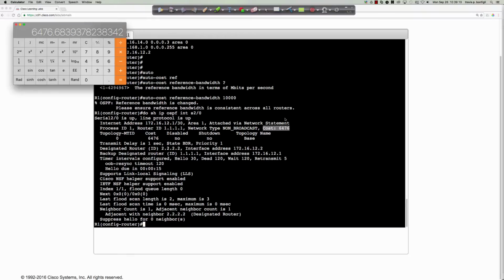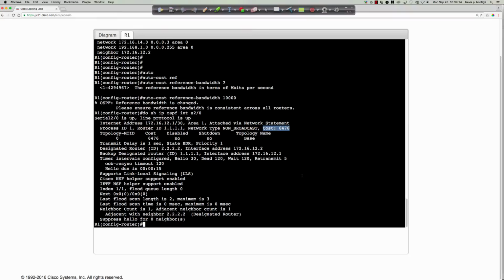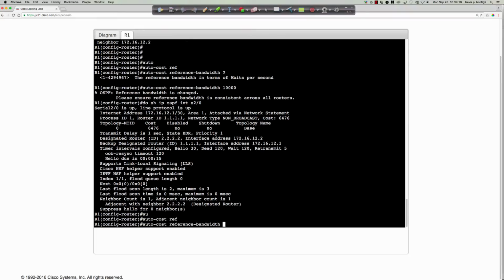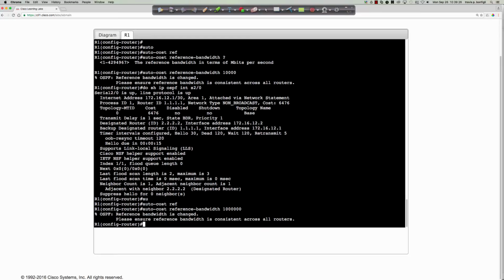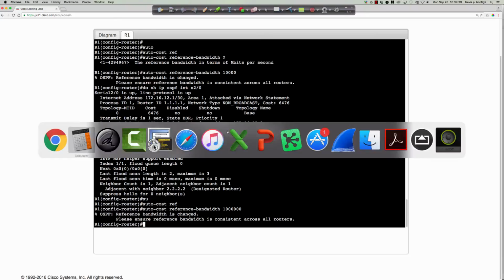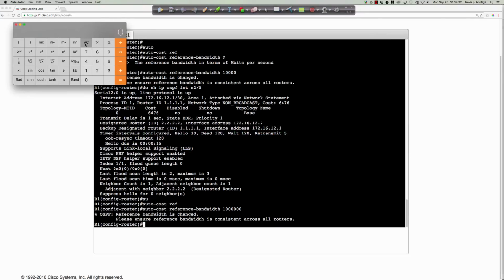We've got a match. So what would it be if I were to set it to, let's say, auto cost reference bandwidth, and we're going to set it to, there's 100 meg, a gig, 10 gig, 100 gig, a terabit a second, right? So before we look at the value, let's pull the calculator up and see what that value would look like.